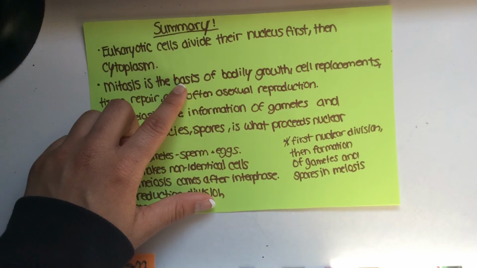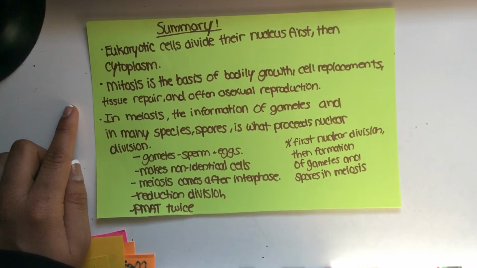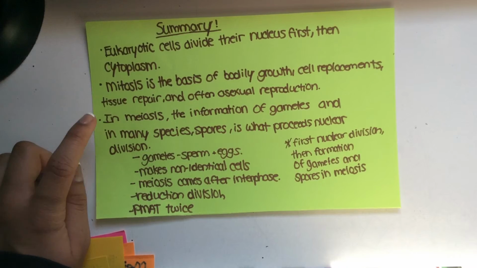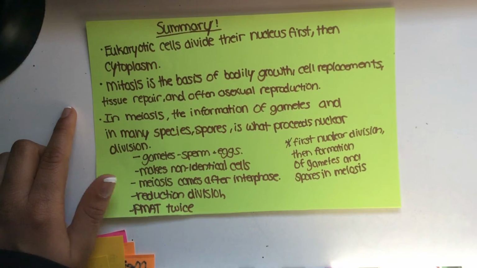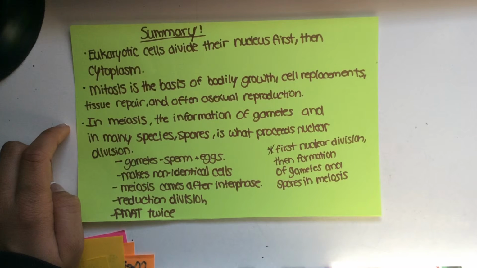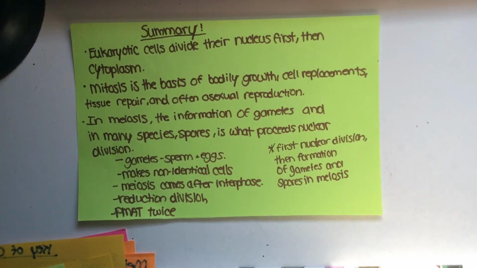So, summary. Eukaryotic cells divide their nucleus first, then their cytoplasm. Mitosis is the basis of bodily growth, cell replacement, tissue repair, and often asexual reproduction. In meiosis, the formation of gametes, and in many species, spores, is what follows nuclear division. Gametes are sperm and egg cells.